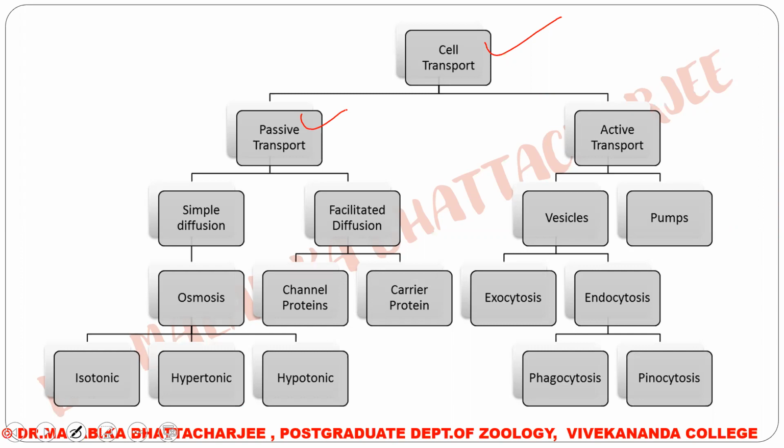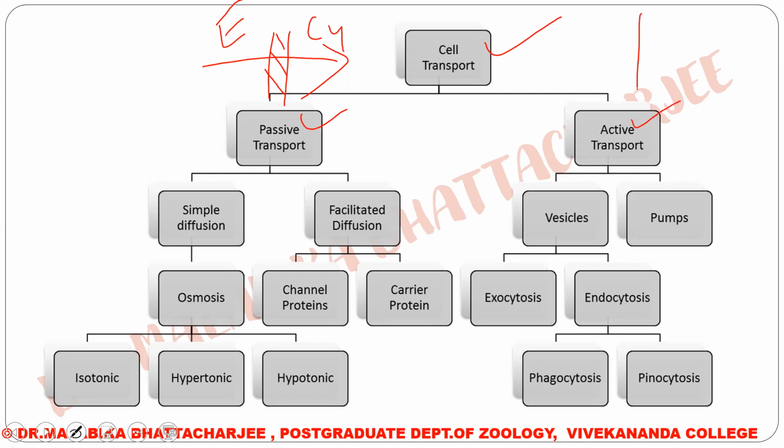Molecules move across the plasma membrane from a region of higher concentration to a region of lower concentration. If this is my plasma membrane, this is the cytoplasmic part and this is the exterior. So molecules are moving across the plasma membrane from a region of higher concentration to a region of lower concentration. That is passive transport.